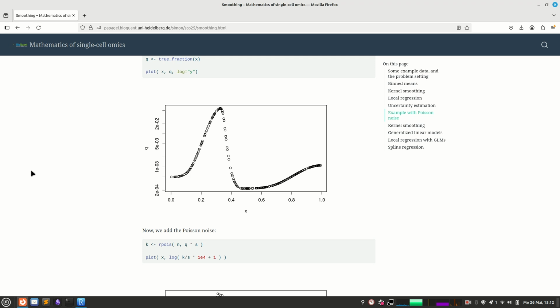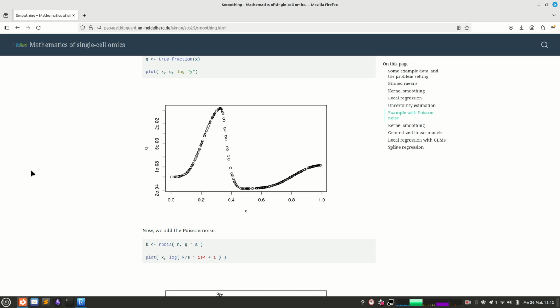And if I multiply this q by the size of the cell, and of course, as q is the proportion, q times s is the expected count of the cell, and I go through the Poisson function. So the Poisson function will now take this q times s, which is a vector of length n, and it will draw for each value q times s one count value out of k.